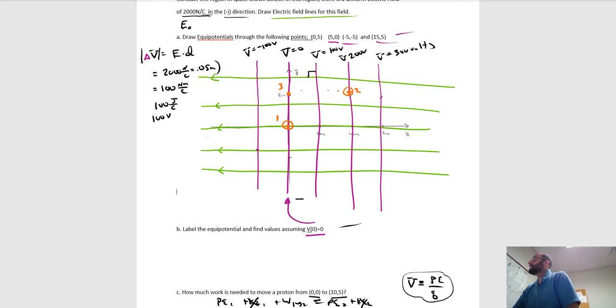Potential increases in this picture going this way, it decreases going this way. You calculate differences in potential by field strength times distance. Now, when the field is constant, that's a nice algebra problem here, basically just multiplication. When you have variable electric fields, it requires a bit more math.